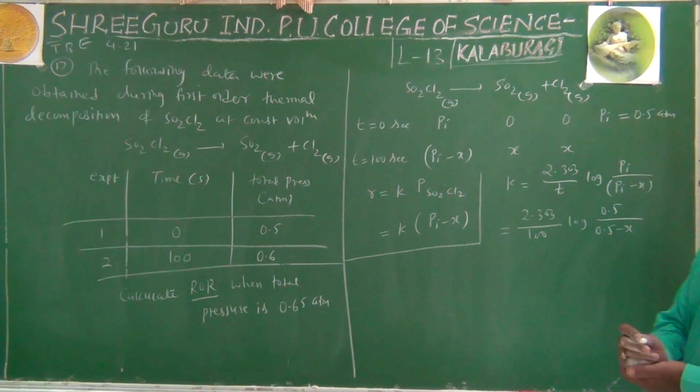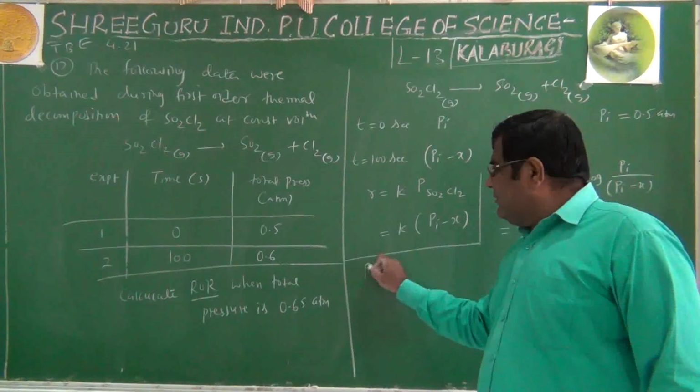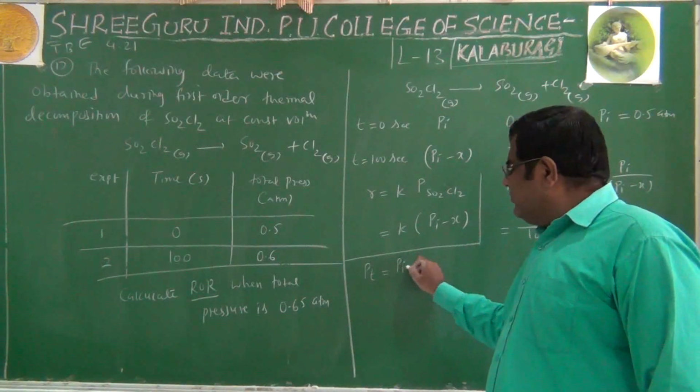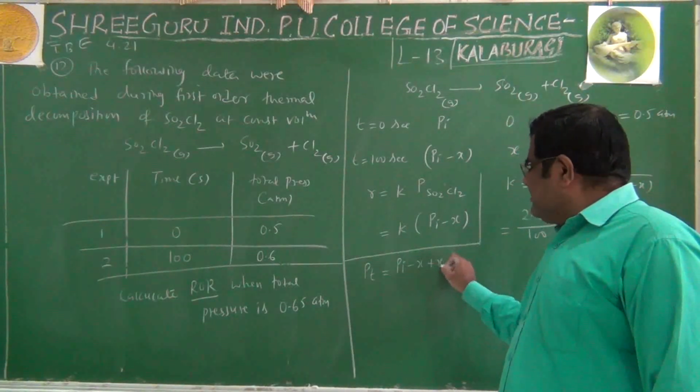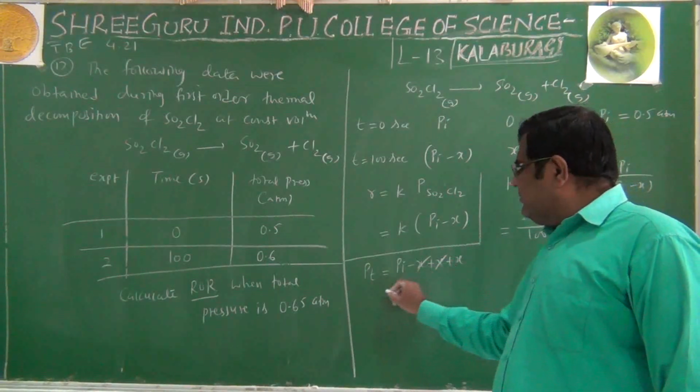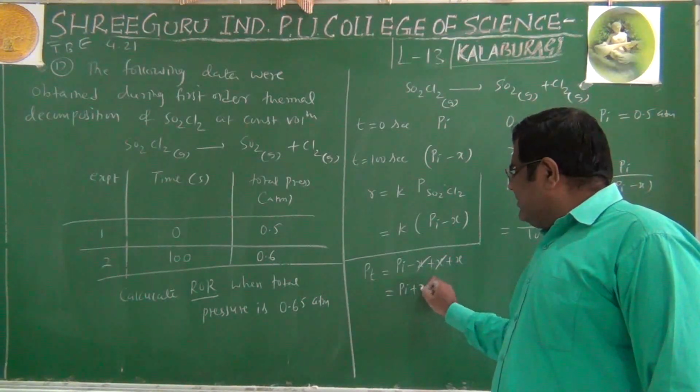Now how to calculate x? We know that Pt is equal to Pi minus x plus x plus x, so it is Pi plus x.